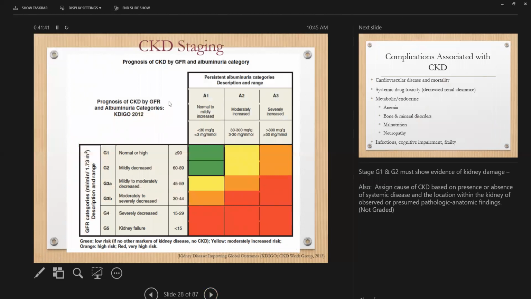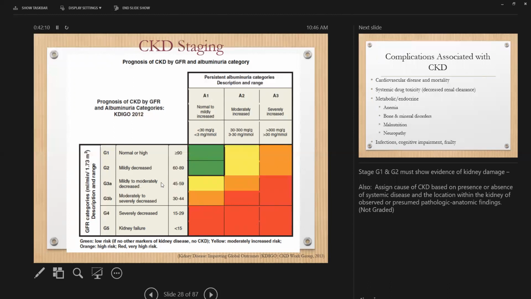So depending upon what my GFR is and my albumin, this particular slide is saying, okay, using my GFR and looking at albumin, what is the potential for me to actually develop chronic kidney disease? That's what it's saying. So the green means no potential at all. Yellow means that there's a slight risk. Orange means you're more at risk, and red means you are at risk, you are going to get it.